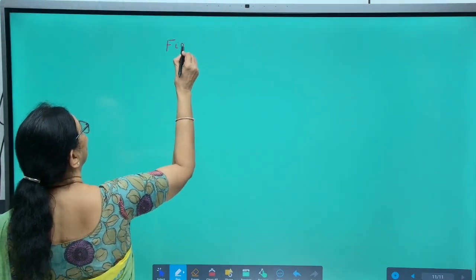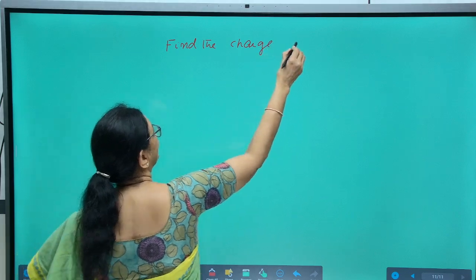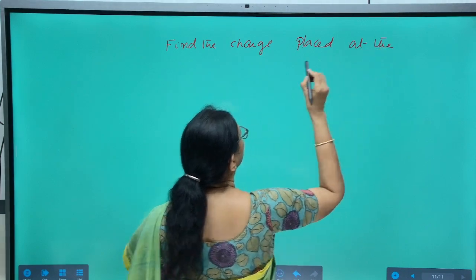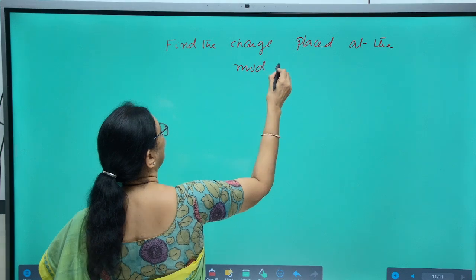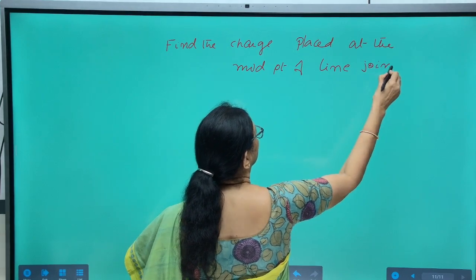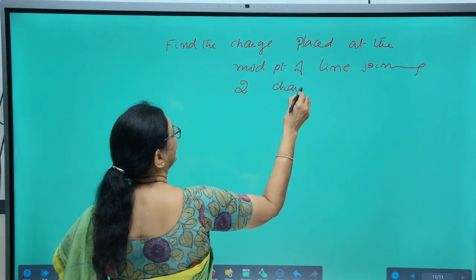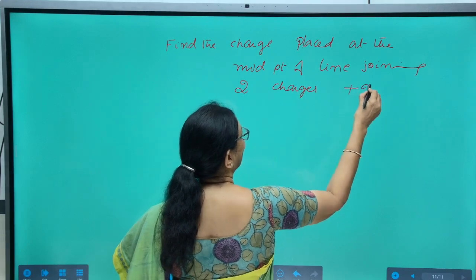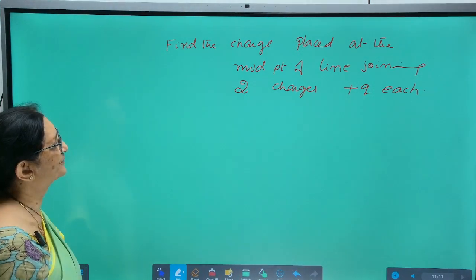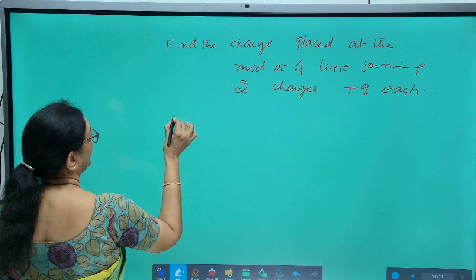Find the charge placed at the midpoint of line joining two charges plus q each. That is the question given. Find the charge placed at the midpoint of line joining two charges plus q each.